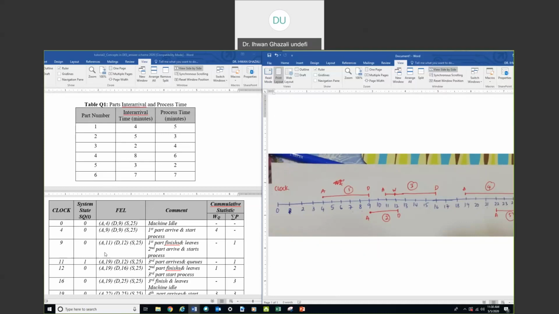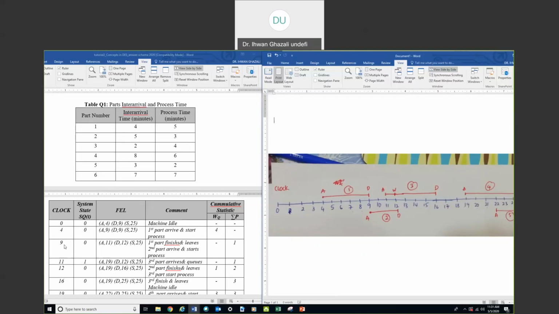Now we go to the third line. Here is 9. Why 9? Because the present time, based on the future event line here, is 9. So you just put the present here as 9.